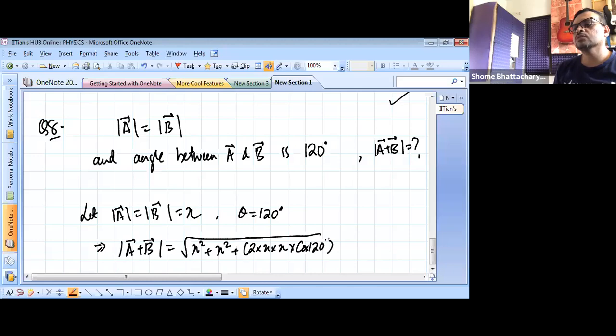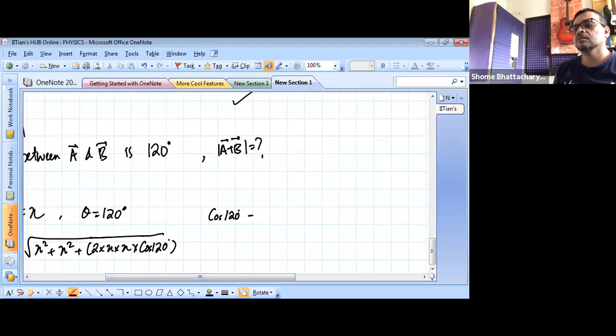Now you know that cos 120, second quadrant, so we will write it as minus cos of 180 minus 120, or minus cos 60, or minus half. Okay. So we'll substitute this thing here as minus half.